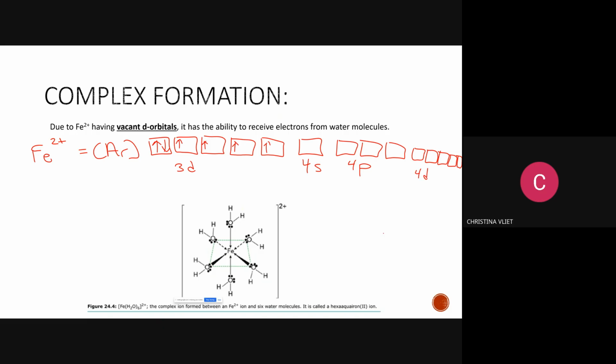So what happens here? They're telling you that you're getting 6 waters going around iron. So what's happening? You have 1, 2, 3, 4, 5, 6 of these orbitals that are receiving pairs of electrons.